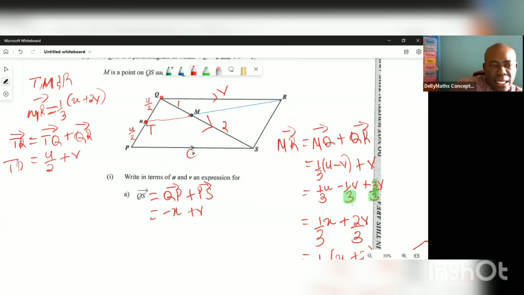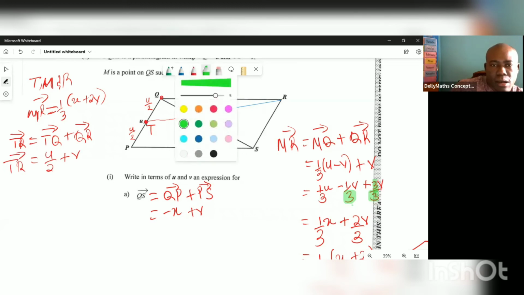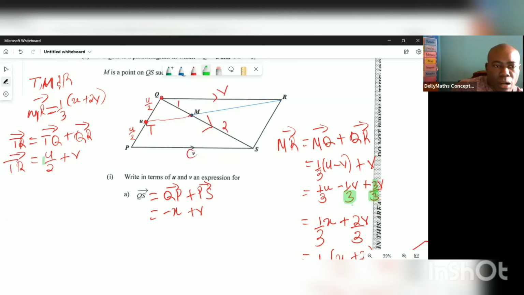That's TR. So let us observe TR and this. When you observe those, you could see that if we multiply everything by 2/3, we're good. What I normally tell people is, just look.